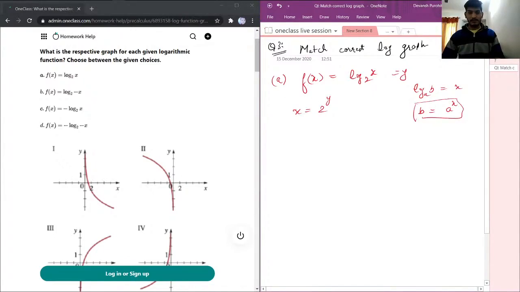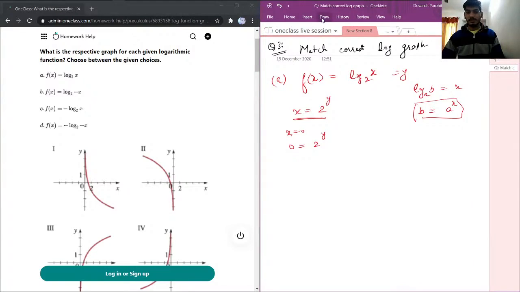Now we have this modified function. I'll just put the value of x as 0. Then if my x is 0, 0 will be equal to 2 power y, and this will be infinity.